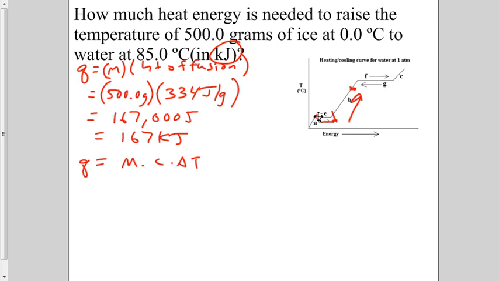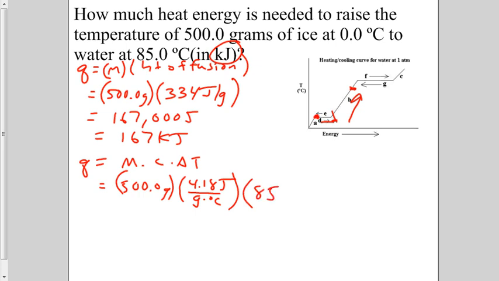Second calculation, the mass is still the 500.0 grams, although now it's water and not ice since we've melted it. And we're going to use the 4.18 joules per gram times degrees Celsius. And we want to go from 0 degrees up to 85 degrees. So the temperature change is 85.0 degrees Celsius. And all that is going to come out to 177,650 joules.